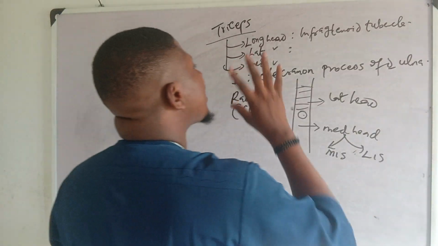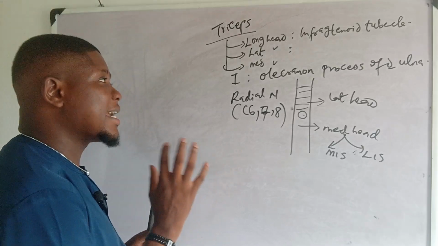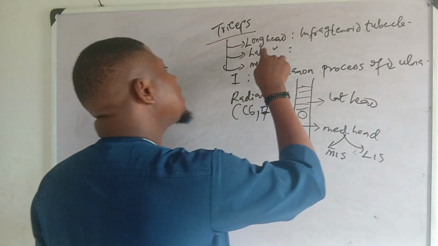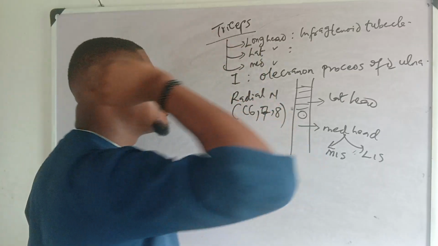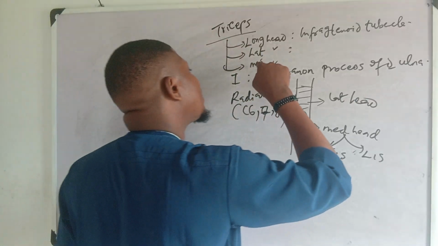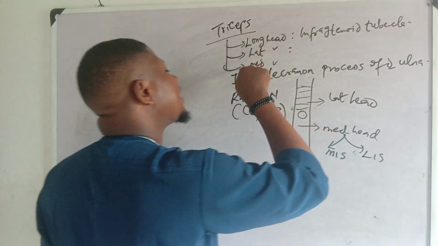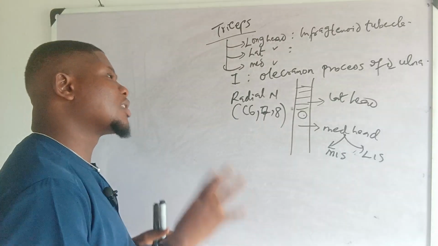Then I want you to know that radial nerve supplies these heads individually. It supplies the long head and mid part of the medial head in the axilla, and supplies the lateral head and the remaining part of medial head in the radial groove.